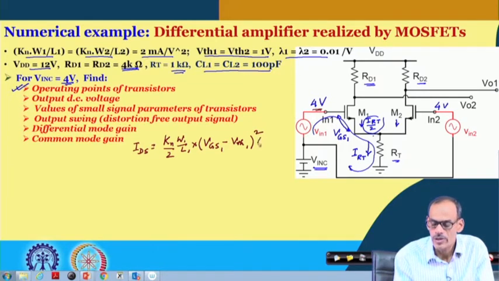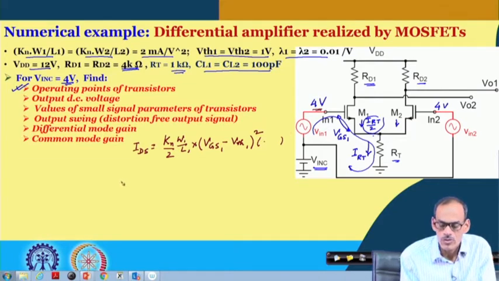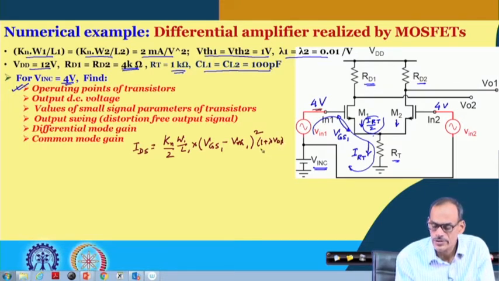So, we are ignoring this 1 plus lambda VDS part. We consider 1 plus lambda VDS part approximately equal to 1.